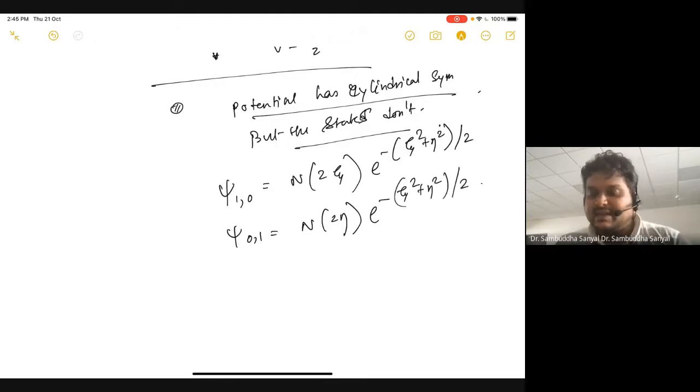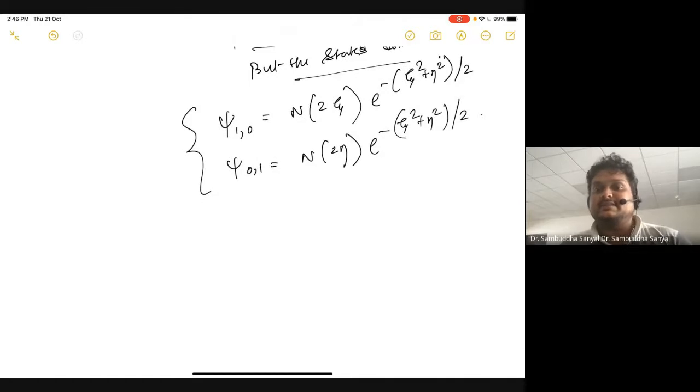This form is clearly not symmetric, because one has xi, another has eta, and if you do any cylindrical transformation, it doesn't show that the potential has the symmetry. The wave function seems not to have the symmetry. But we can always take a linear combination of them because we know that they are degenerate eigenstates, and then we can manifest the symmetry. So let's try to do that.